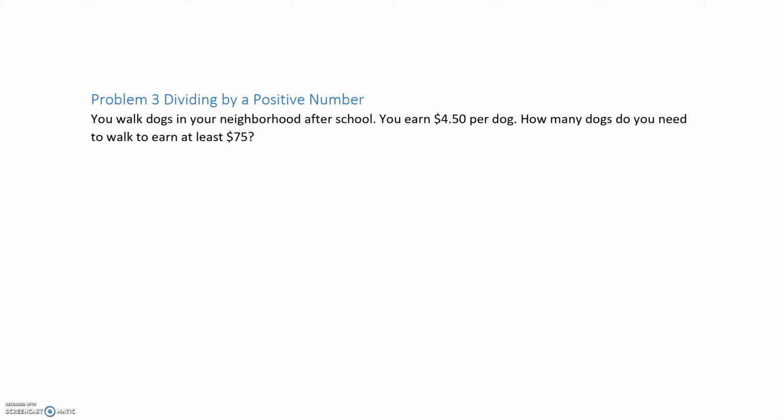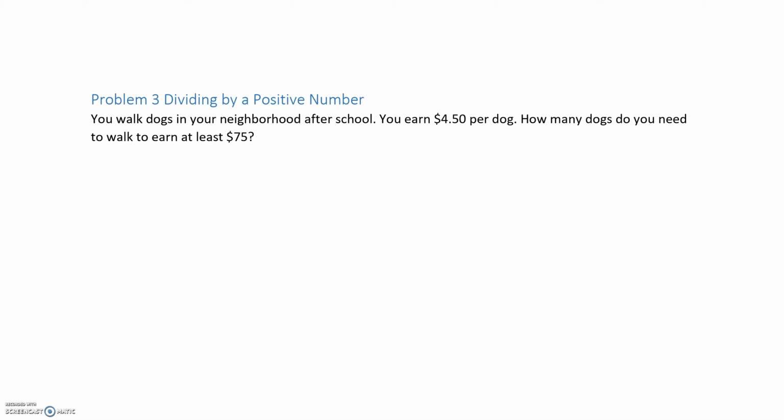Okay, on our next page, we have a little bit of a different problem. You walk dogs in your neighborhood after school, and you earn $4.50 per dog. So we want to know how many dogs we need to walk to earn at least $75.